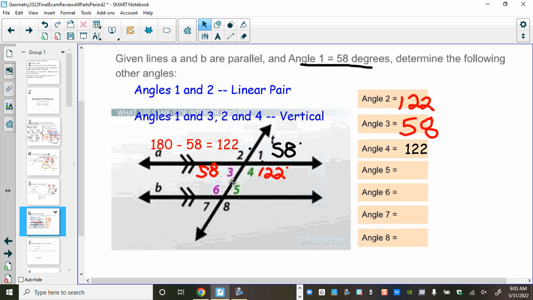What do we know about the relationship between angle 1 and angle 5? It begins with a C. They're congruent, but why? Who could tell us why angle 1 and angle 5 are congruent? That also begins with a letter C.